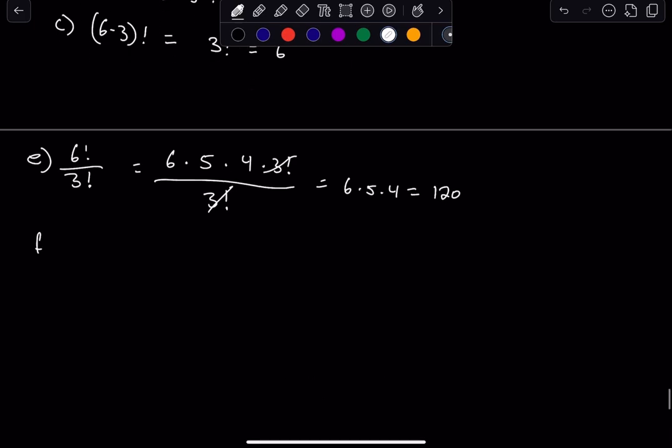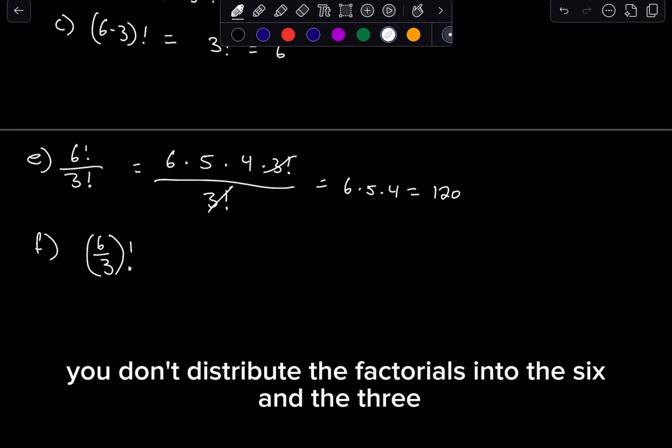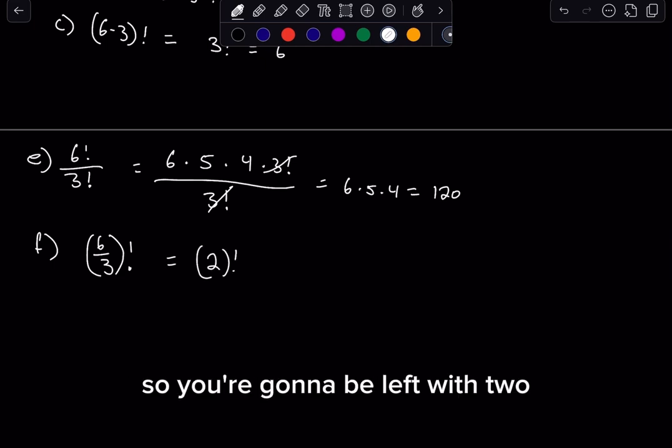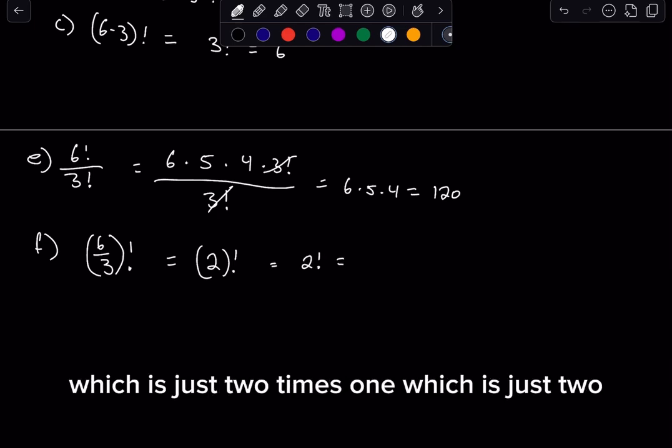What about 6 over 3 factorial? You don't distribute the factorials into the 6 and the 3. You work out the parentheses first. So you're going to be left with 2. And then you get 2 factorial, which is just 2 times 1, which is just 2.